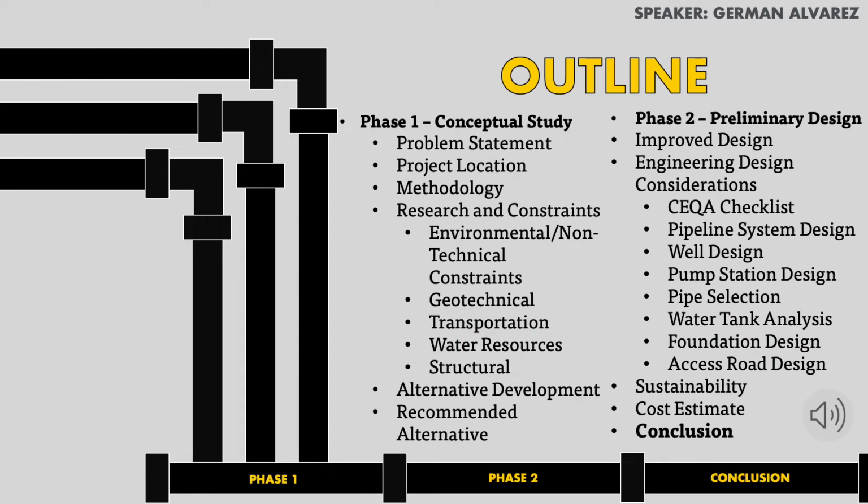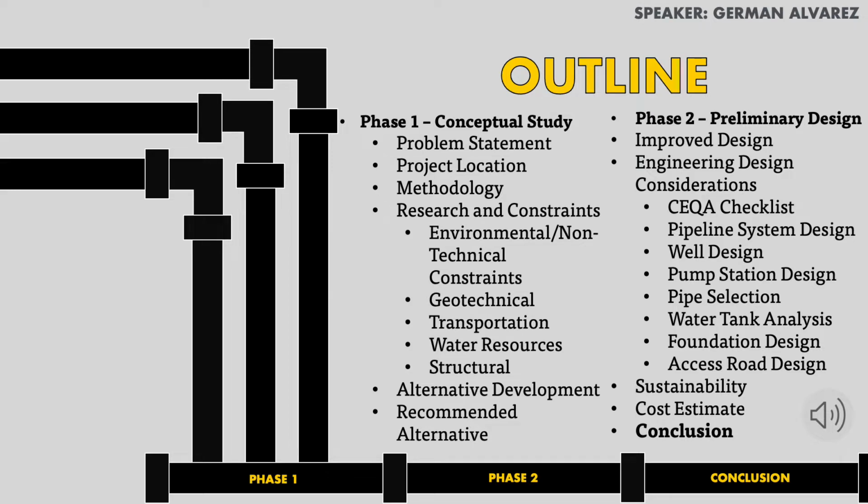Here's an outline of the topics that we'll discuss over the next 30 minutes. We thought it would be useful to split up our presentation into 2 different sections coinciding with the work done over the 2 semesters. Phase 1, the conceptual study phase, includes all the work we did during the first semester of the project. This phase introduces our problem statement, the location of the project, and the methodology used to complete the project.